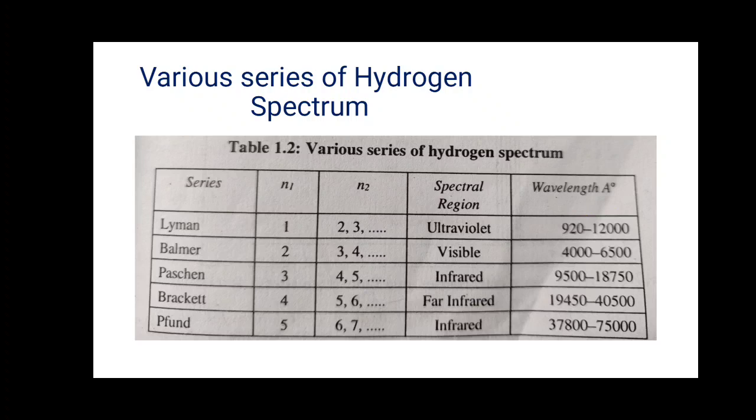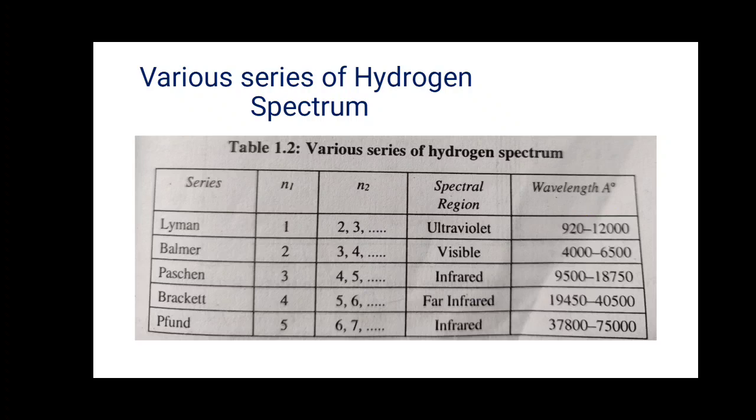Thus, the only electron of a hydrogen atom occupies the first level of the lowest energy in the normal or ground state. When energy is imparted to the hydrogen gas in the tube, the electron moves to a higher energy level with n equal to 2, 3, 4, 5, 6 and 7, depending upon the quantity of energy absorbed.